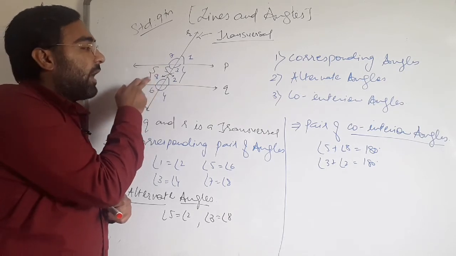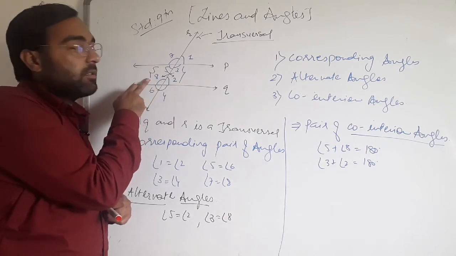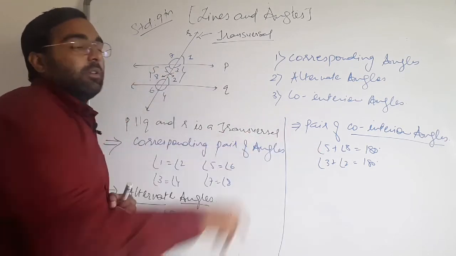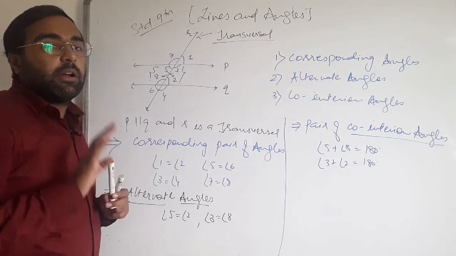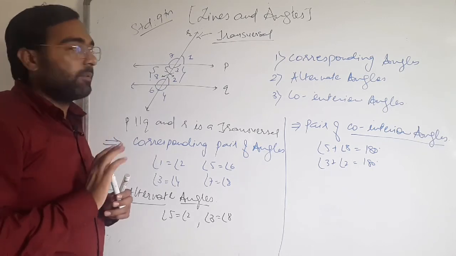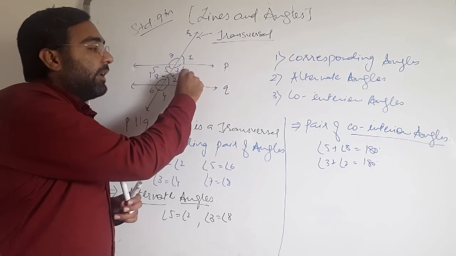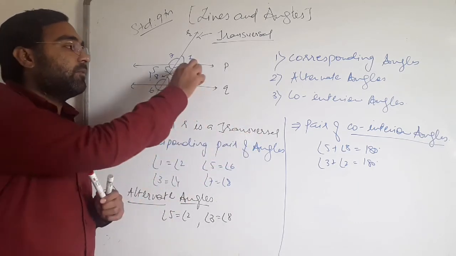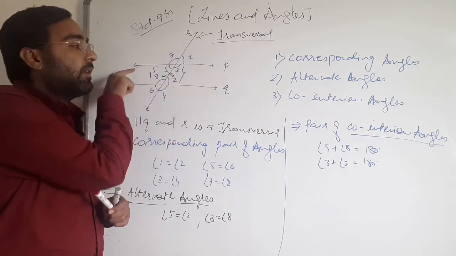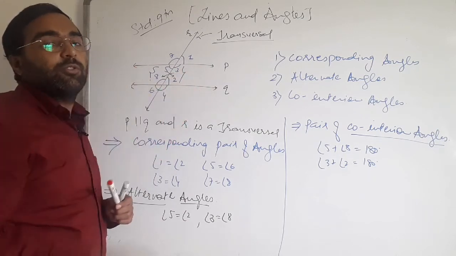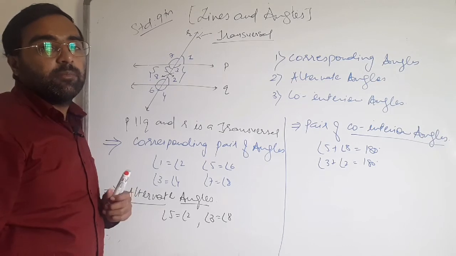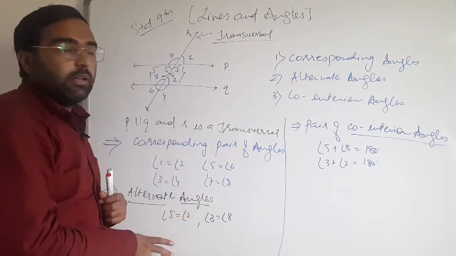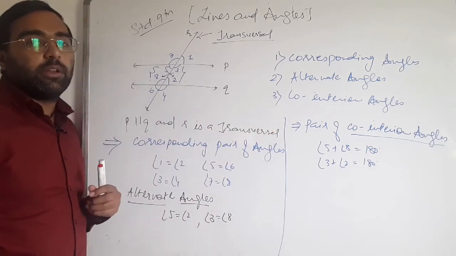So 5 and 8 sum to 180 degrees, and angle 3 and angle 2 also sum to 180 degrees. Clear? Here are the pairs of angles: corresponding angles, alternate angles, and co-interior angles.